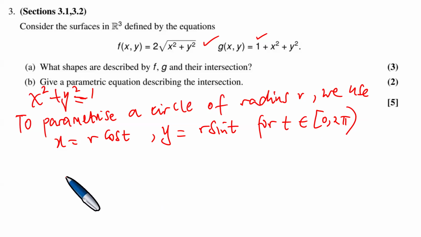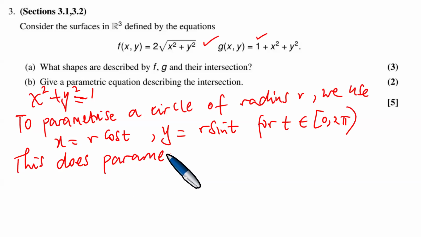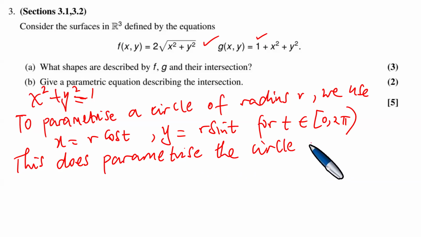And we know that this presentation, these equations here, does parameterize the circle. How do we know that this parameterization is correct?